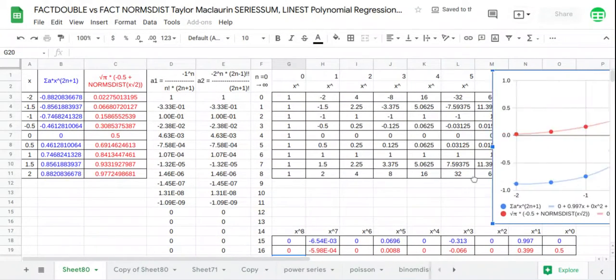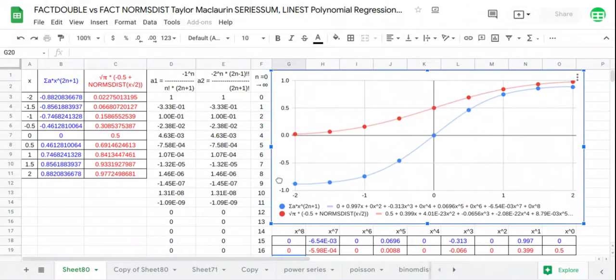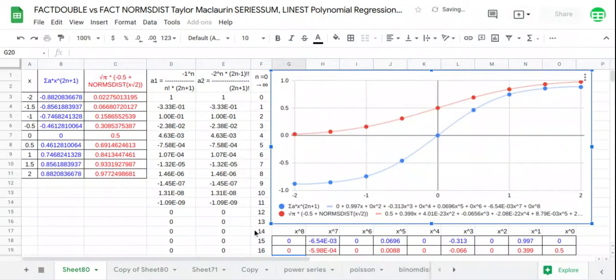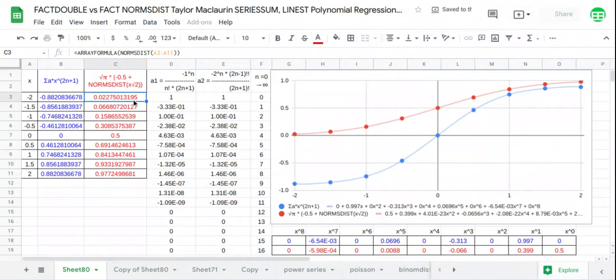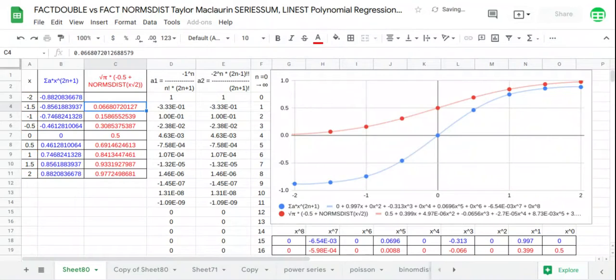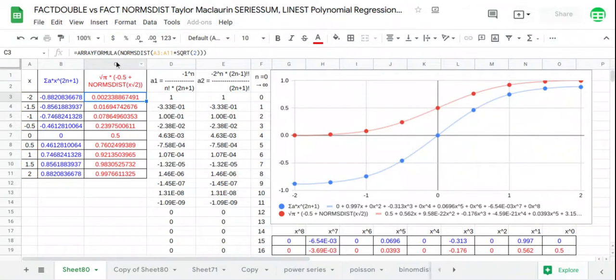Next, we modify the NORMSDIST to match the Gaussian integral. So we will factor in square root of 2. So times square root of 2. Next, we factor in negative 0.5 plus.